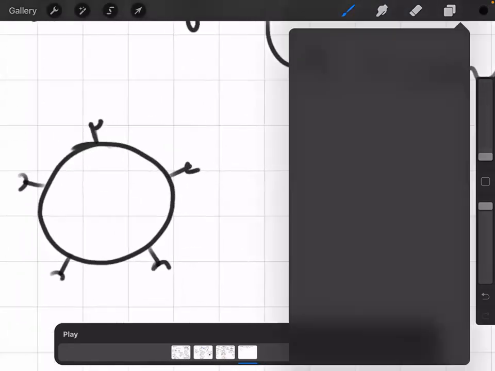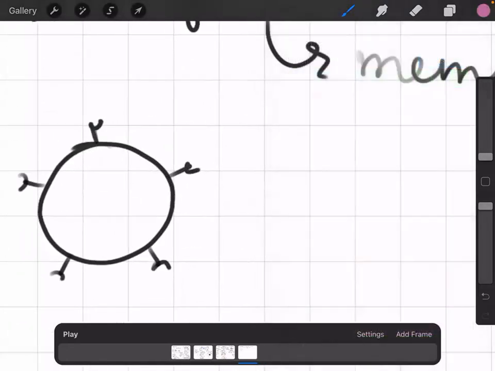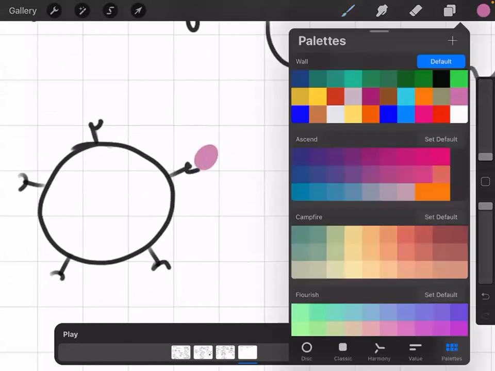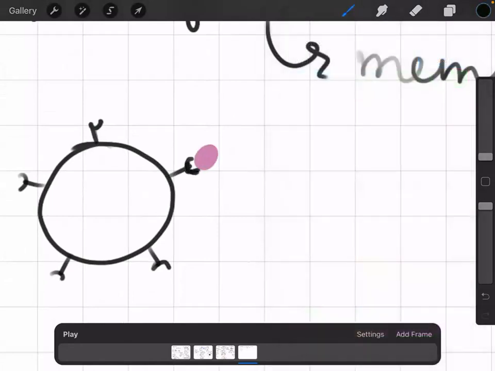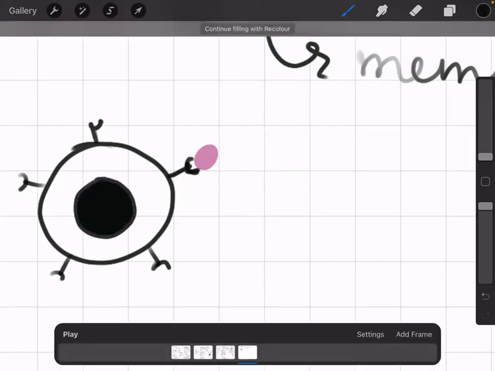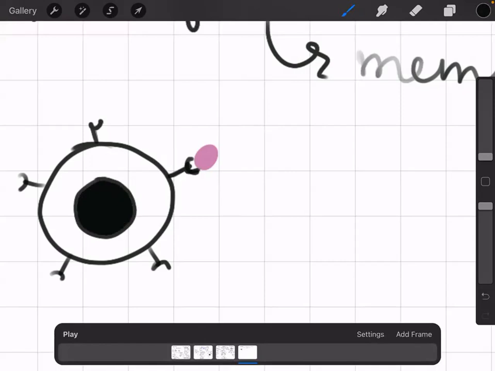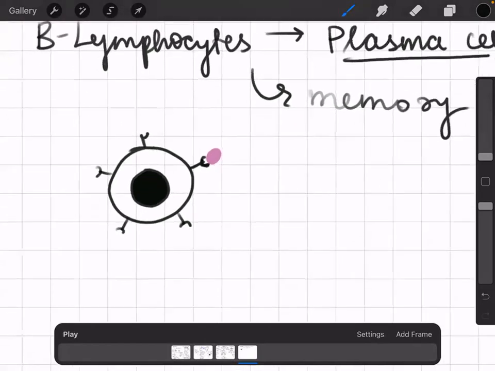So now I assume that this is a pathogen. The receptor on top of your B lymphocyte very specifically goes and attaches to that foreign pathogen, and it identifies that what I have over here is a pathogen. Once that foreign pathogen has been identified, this initiates a second response.